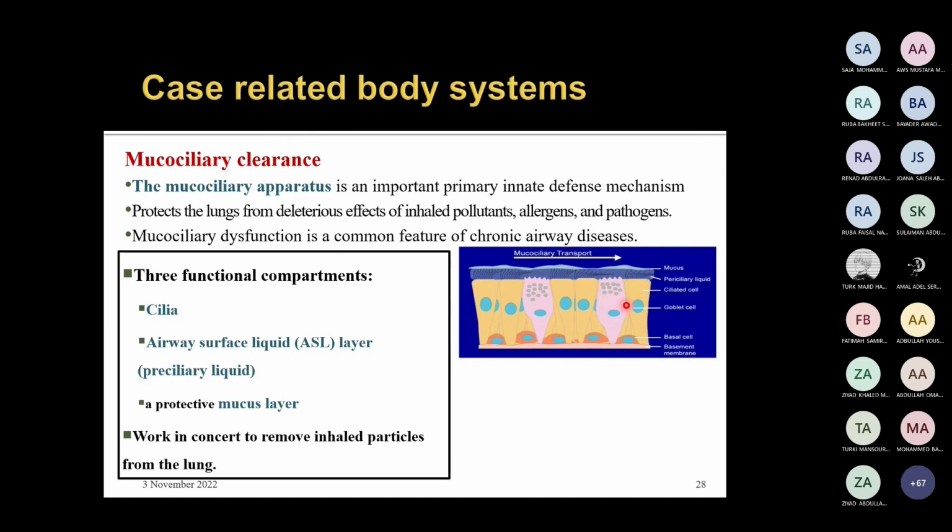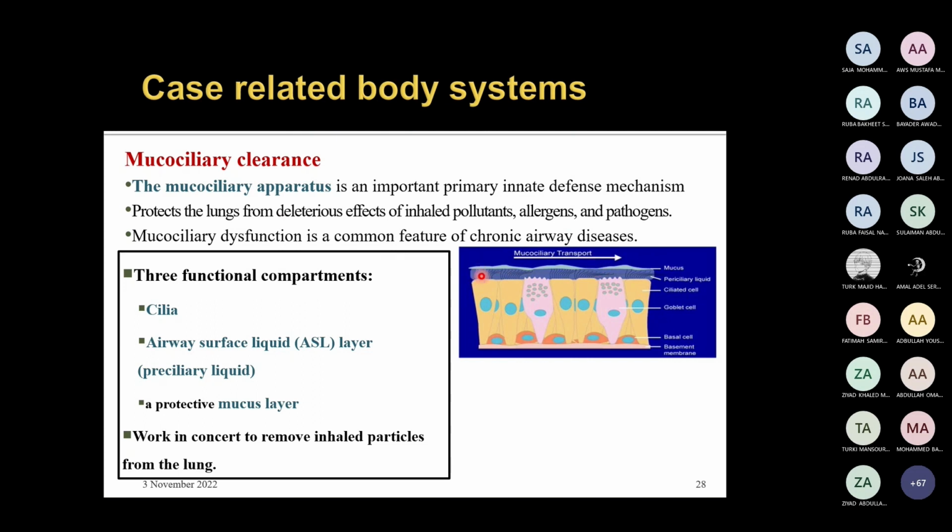So the goblet cell produces the mucus, but in order to prevent this mucus from sticking on the surface of the cells, it flows. This periciliary liquid functions to carry this mucus above the fluid level.